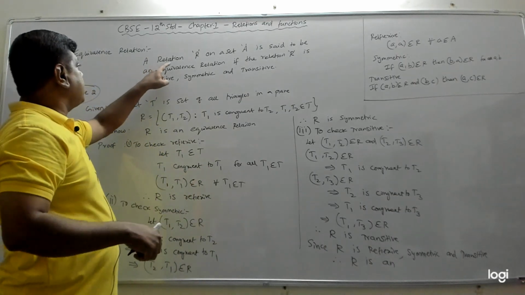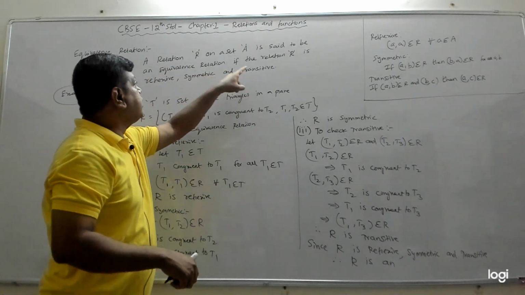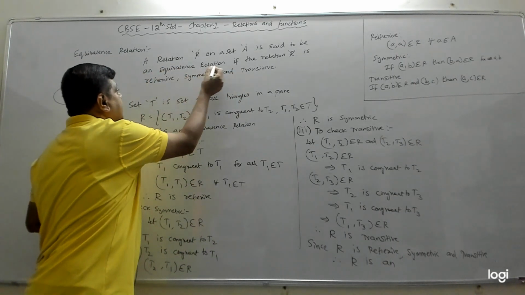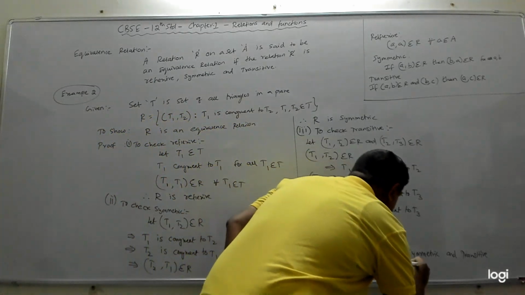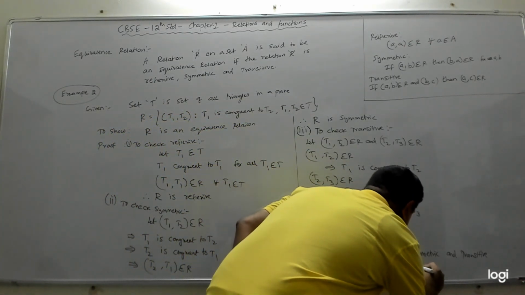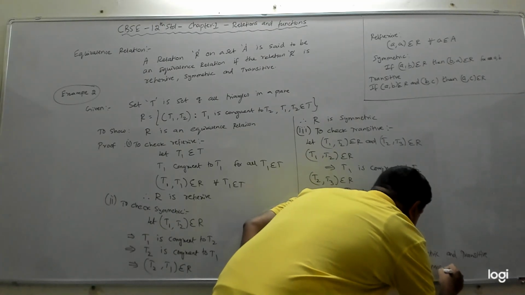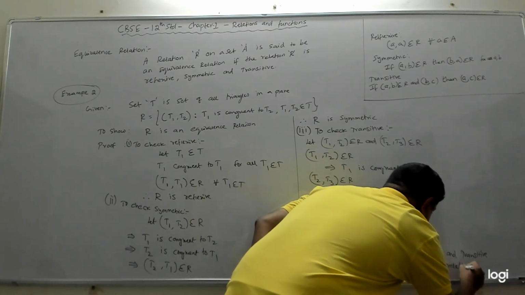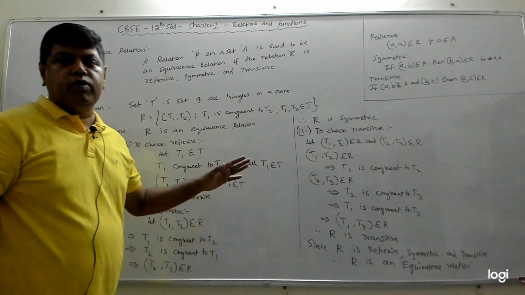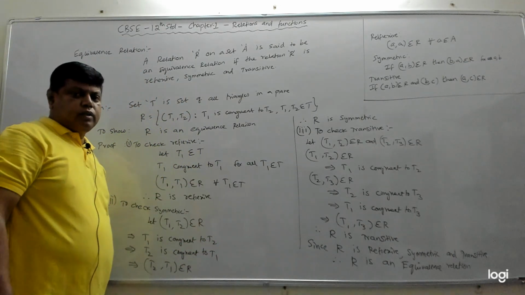Whenever a relation R is reflexive, symmetric and transitive, we call that an equivalence relation. Therefore R is an equivalence relation. So this is how we prove that R is an equivalence relation.